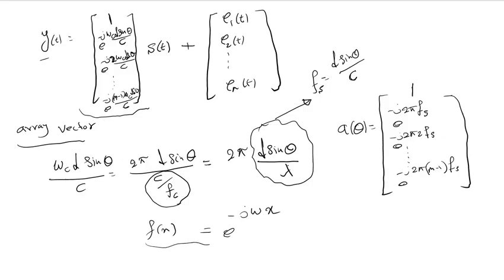Then you sample this function and you use f of n d, where d is the period of sampling, equals e to the minus j omega d n.